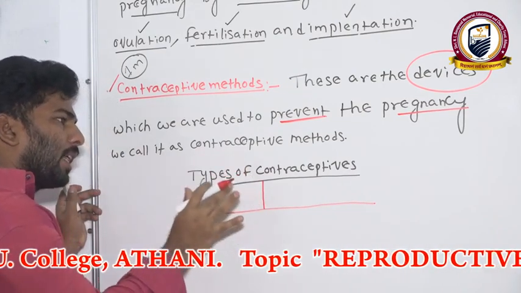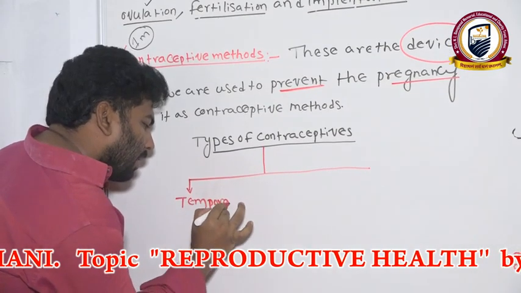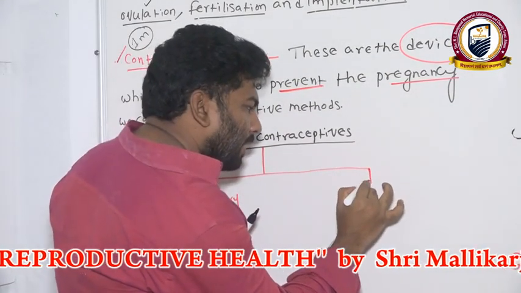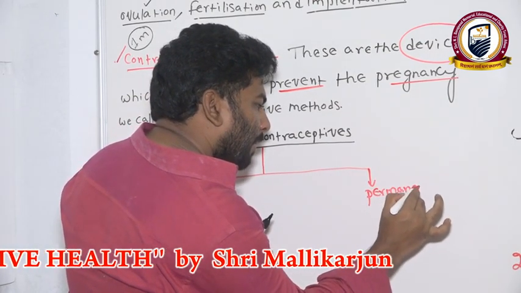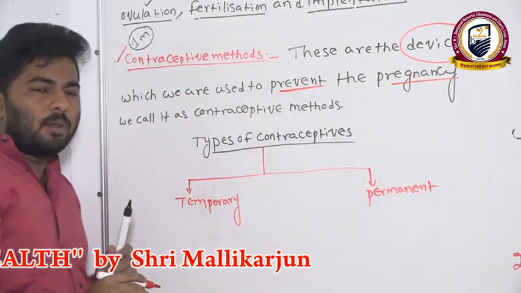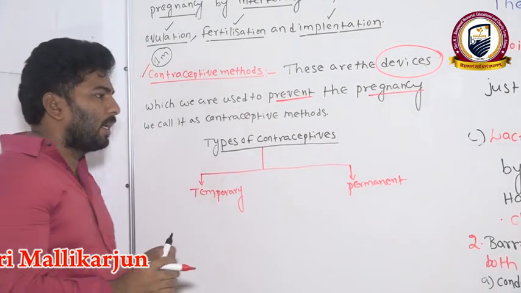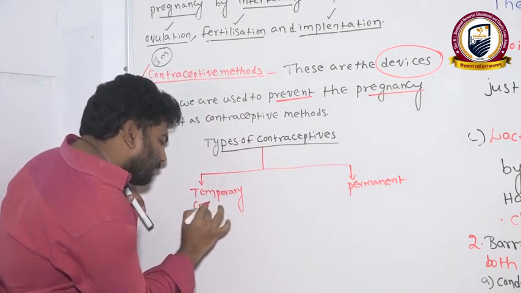We will divide these contraceptive methods into 2 categories, that is temporary contraceptive methods and the second one is permanent contraceptive methods.